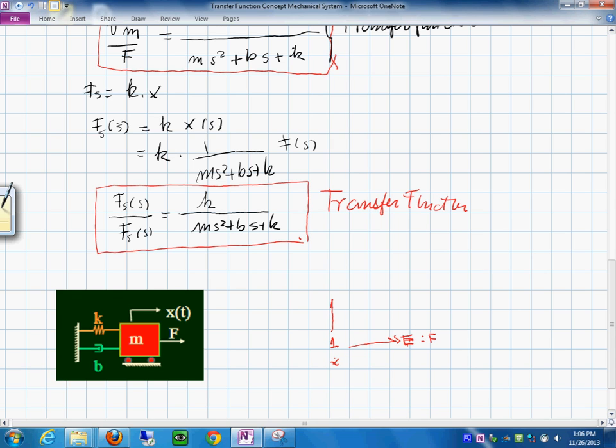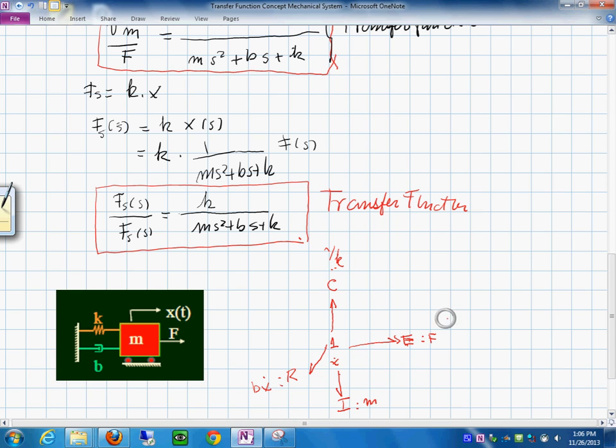We have in here the C element with value 1 over k, and then over here we have the R element with value b. And then of course the inertia, with value of the mass.